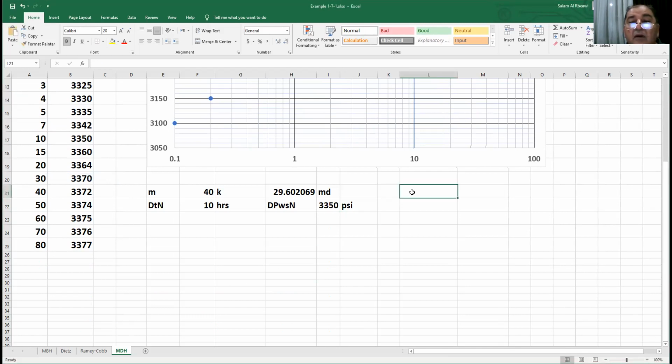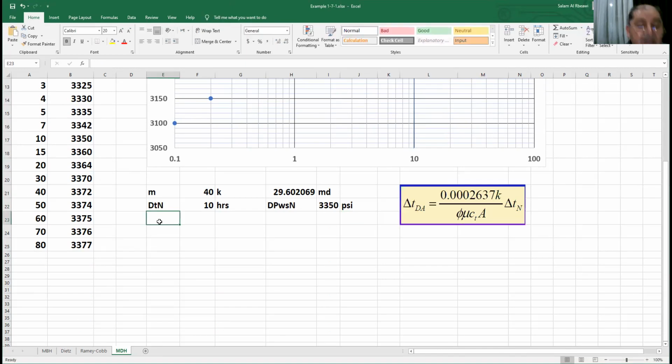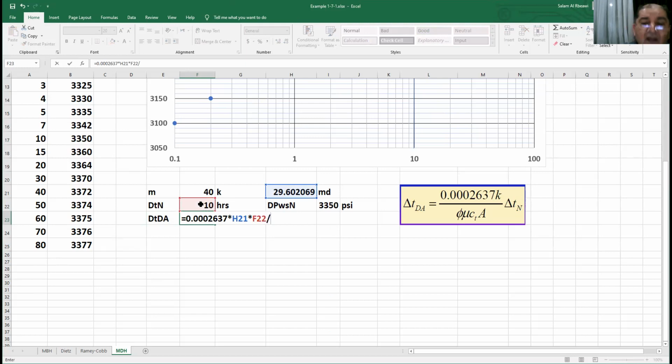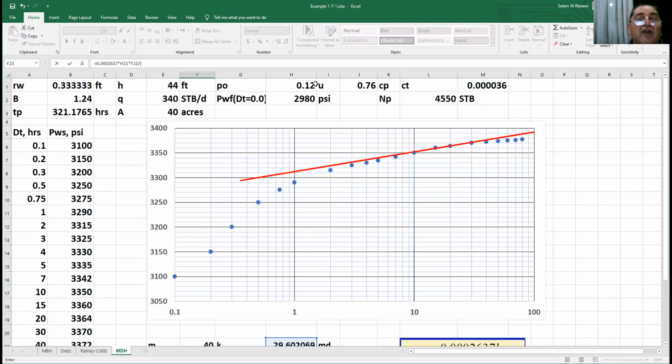So delta t_DA, guys, would be 0.0002637 times k times delta t_n, divided by phi mu c_t times A, and this would be 43560 close, and you are done.